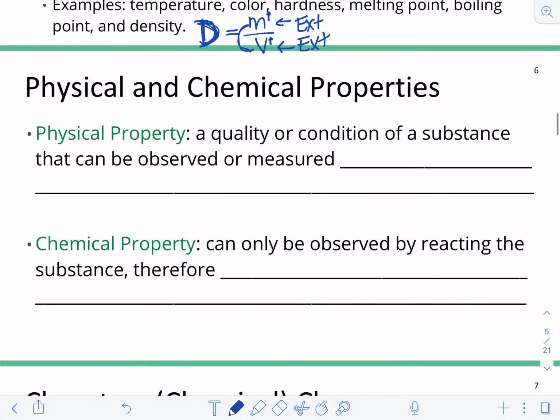All right. The other way that we can define matter is by its physical and chemical properties. You've probably learned about this in physical science, but we'll do a quick recap here.